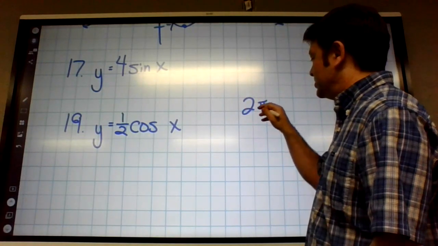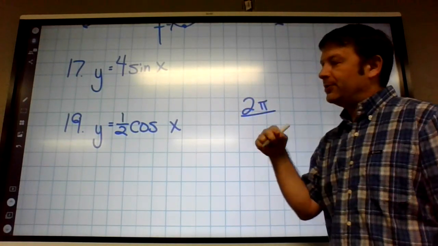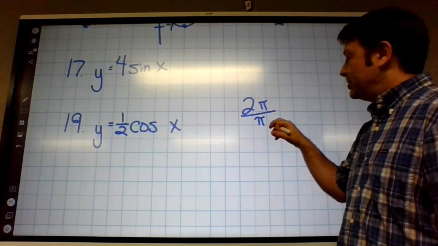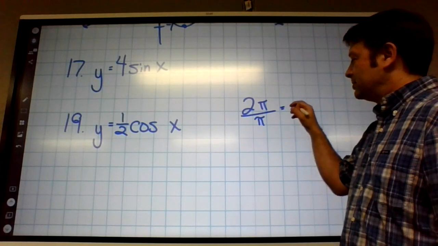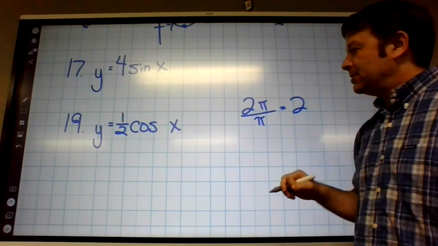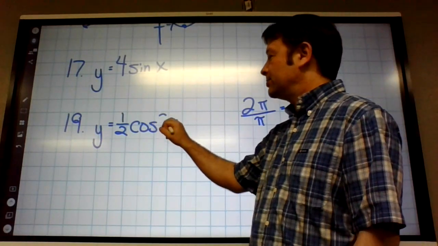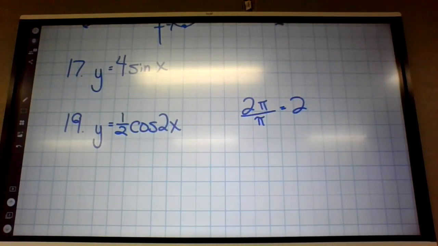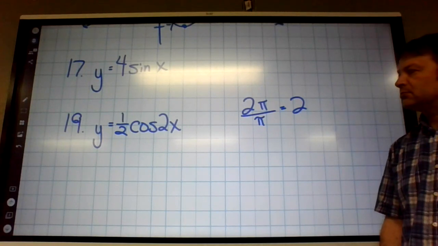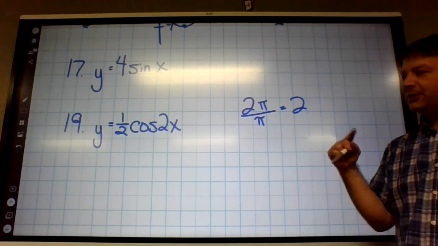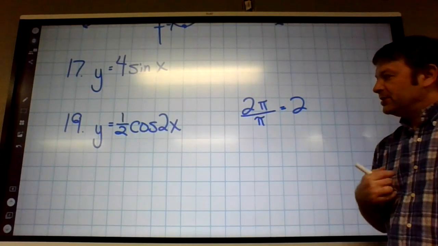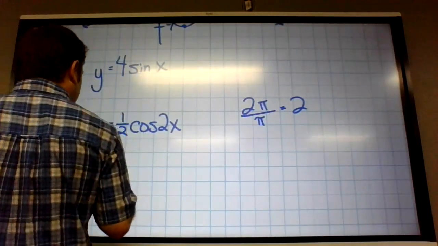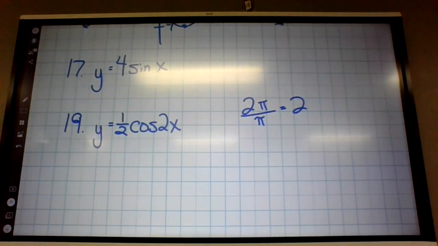So all you do is you do the normal period, kind of like we were doing earlier, but you do the normal period divided by the actual period, and you get a 2, and that's the number that goes right there. So you always do 2 pi divided by the actual period, which is 2. That goes in front. Okay, that's all for that.